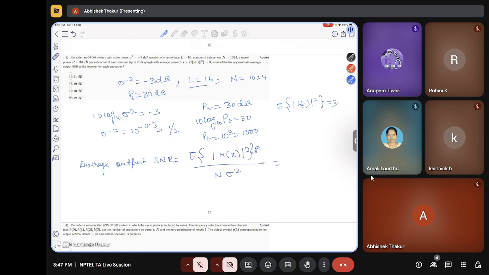So here E of |H_k|^2 will be the summation of 3, for l equal to 0 to L minus 1, multiplied with P and sigma squared. So this will become 3 into L times, so 3LP divided by N sigma squared. So we can substitute all the values: P is 1000, N is 1024, and sigma squared is half.